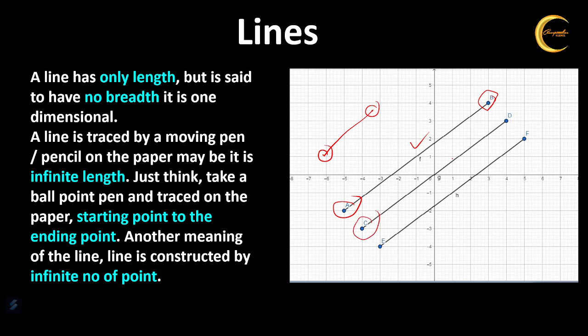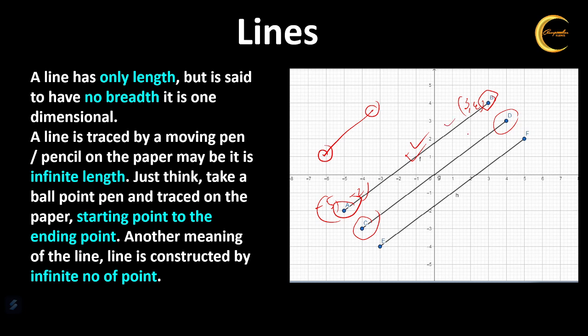This is also point C and point D, with positions 3, 4 and -5, -2. I have joined the two points by this line, and this is called the line. Another is D and C, and E and F.